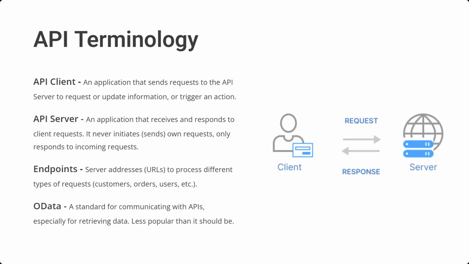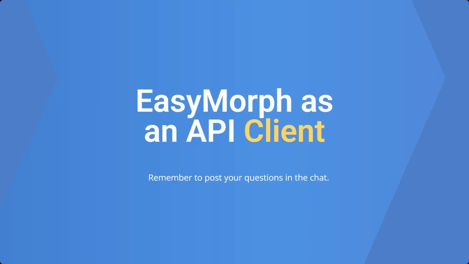And if the system you need to connect to supports OData, then your life is immediately much easier, because OData abstracts away many technicalities, and you can simply connect and pull data using just one action in EasyMorph. So it becomes very simple. Now I'm passing the mic to Matt, who will talk about using EasyMorph as an API client.